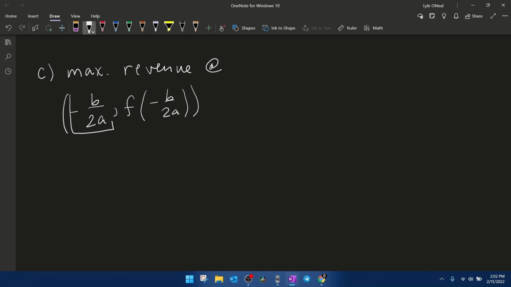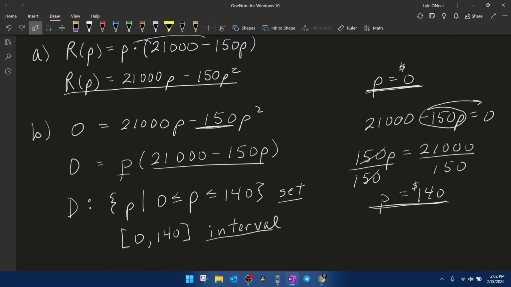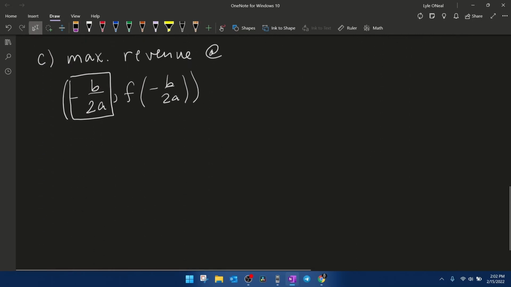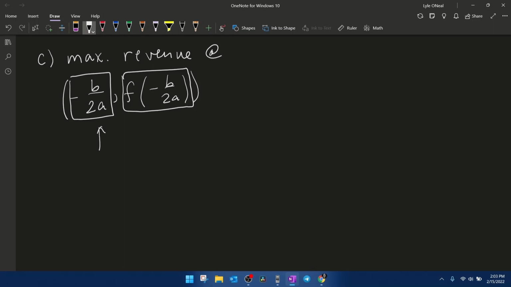The x-coordinate of the vertex in this case, if we scroll back up and look at our function, notice that p is where x normally is. So the x-coordinate of our vertex will represent the price that gives the maximum revenue. And the y value will give the maximum revenue.